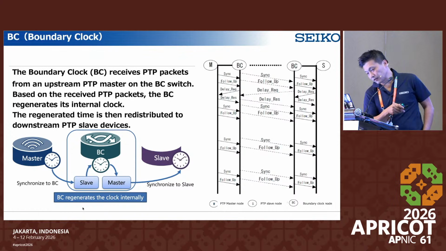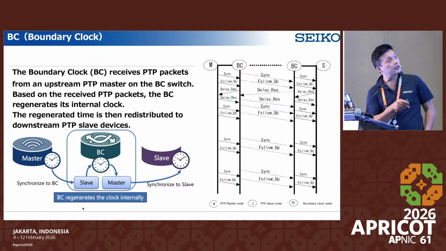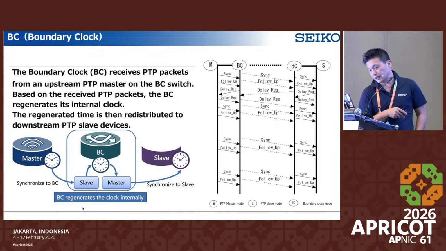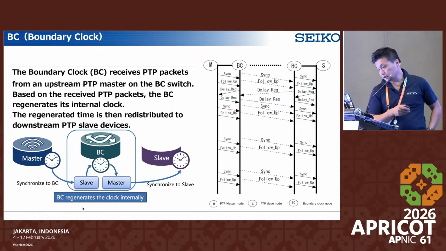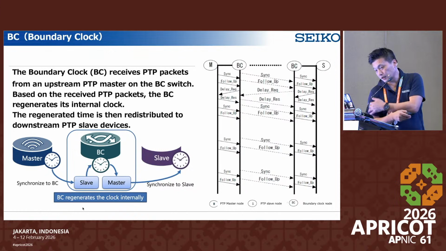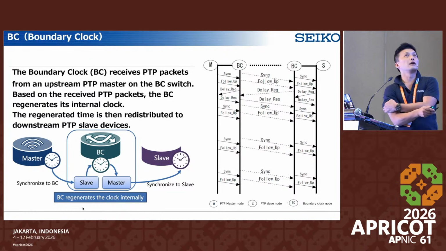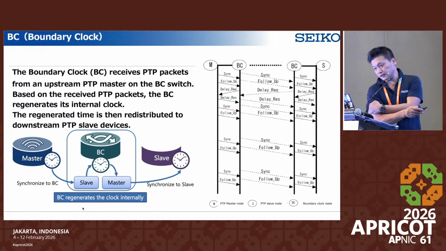This means a boundary clock acts both as slave and master. As shown in this diagram, this architecture helps improve scalability and allows a larger number of devices to be synchronized accurately. So this boundary clock is widely used for mobile networks these days, especially for 5G.